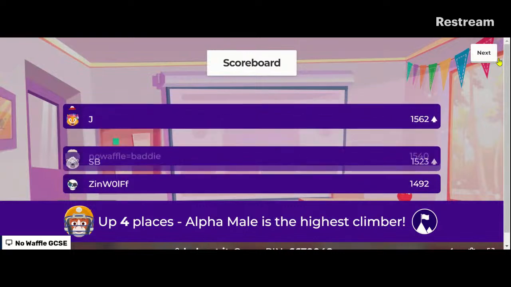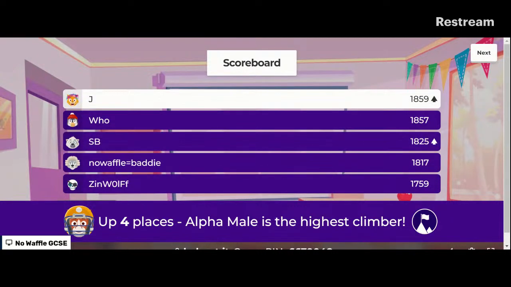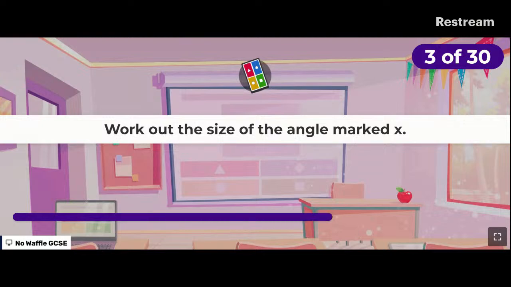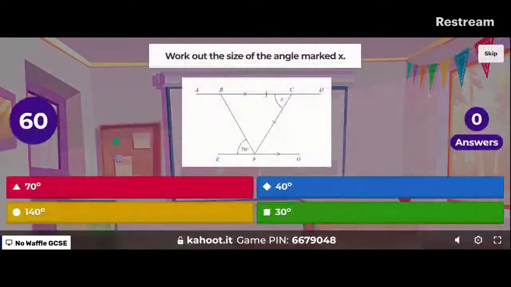And for the third game, Jay is winning at the top. Chidima's still winning. Keep it up. FFF still winning this one.